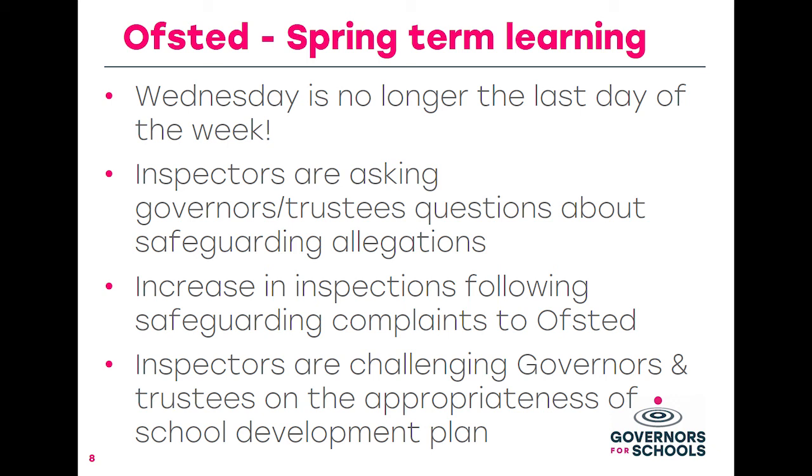So here there is a focus by inspectors on how you know what the school's practice procedures are and how you know that the school is working effectively with children, families and external agencies. So being clear that you get good quality information, you ask robust questions, you have possibly a safeguarding governor or trustee who looks in a little bit more detail, makes a visit to school, that there are questions asked by the governing body that demonstrate that you are holding the school to account in this area.